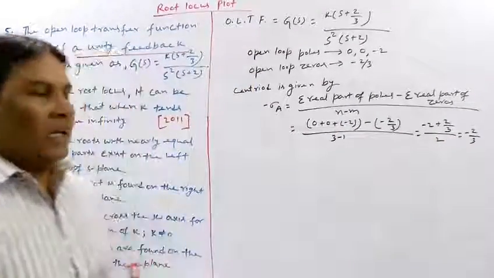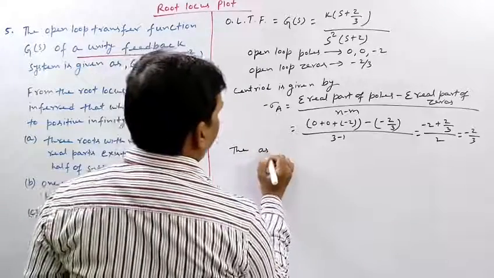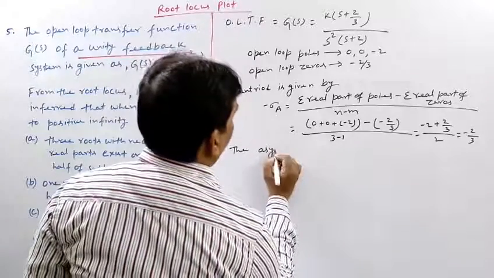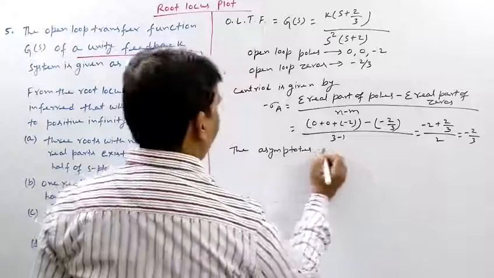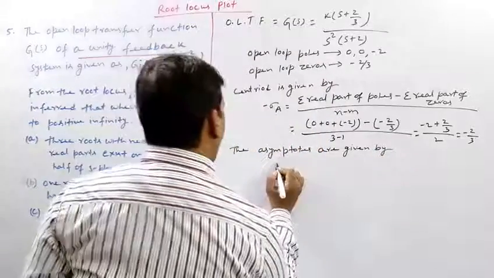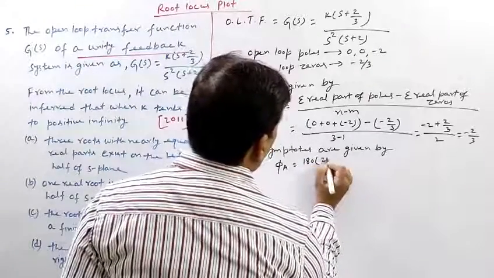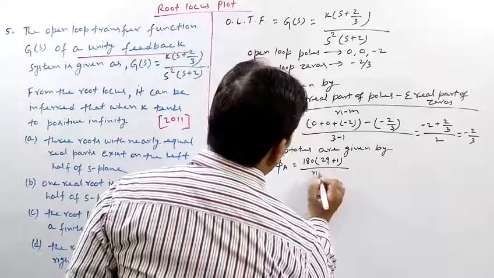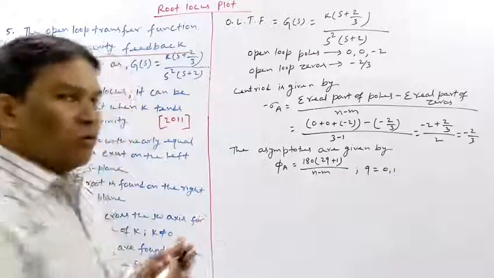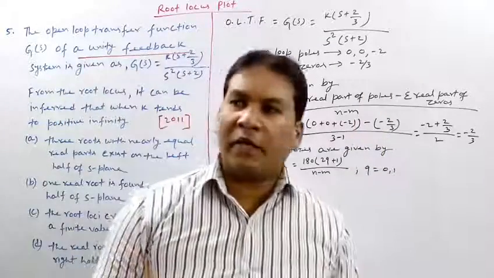Now let us calculate the asymptotes. The asymptotes are given by phi A equal to 180 degrees multiplied by (2q + 1) divided by n minus m, and q equal to 0, 1, because there are only 2 asymptotes, since only 2 branches of the root locus will terminate at infinity.